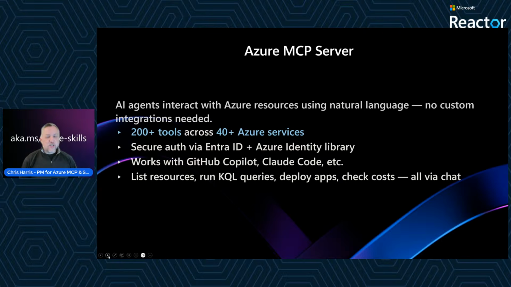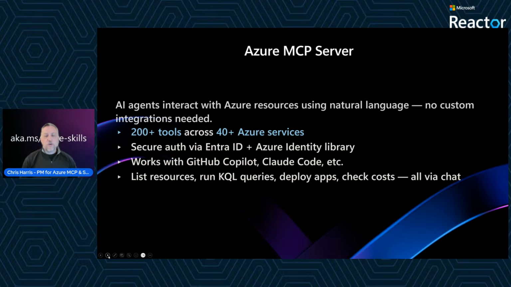I think it's 265 tools and over 50 Azure services now. So this is growing on a weekly basis. We're shipping very regularly. We're adding to this, and we're trying to do it in a way that doesn't overwhelm your agent. And so there's some challenges there that we're learning from and growing on.